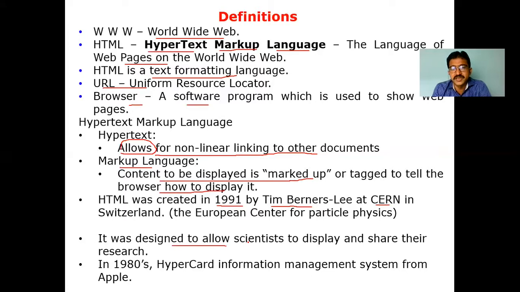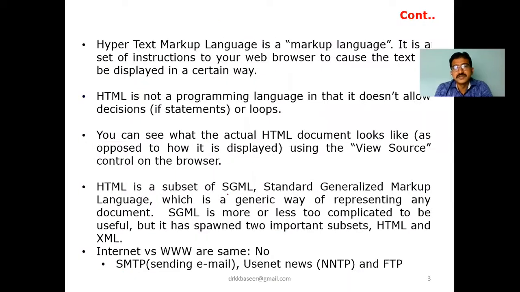Initially they were using HyperCard, the HyperCard information management system from Apple. They designed it for sharing their information, sharing their content, viewing their content. HyperCard information management system was developed by Apple in the 1980s. And later, this HTML markup language instructed the browser how to display.